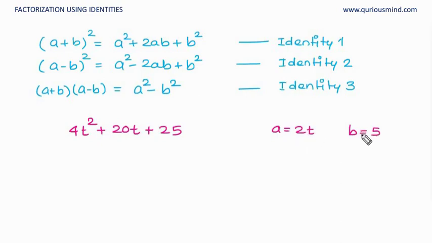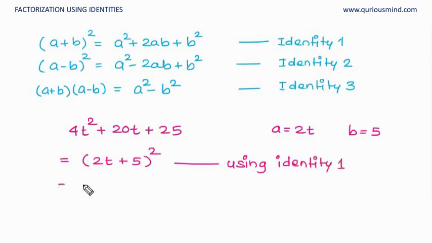So a into b is 2t into 5 is 10t. 2 times that is 20t and plus. Hence this one is exactly like this. So this will be equal to (a + b) square, (2t + 5) whole square using identity 1. And that means the factors are (2t + 5) and (2t + 5), because square means multiplication of the same number twice.